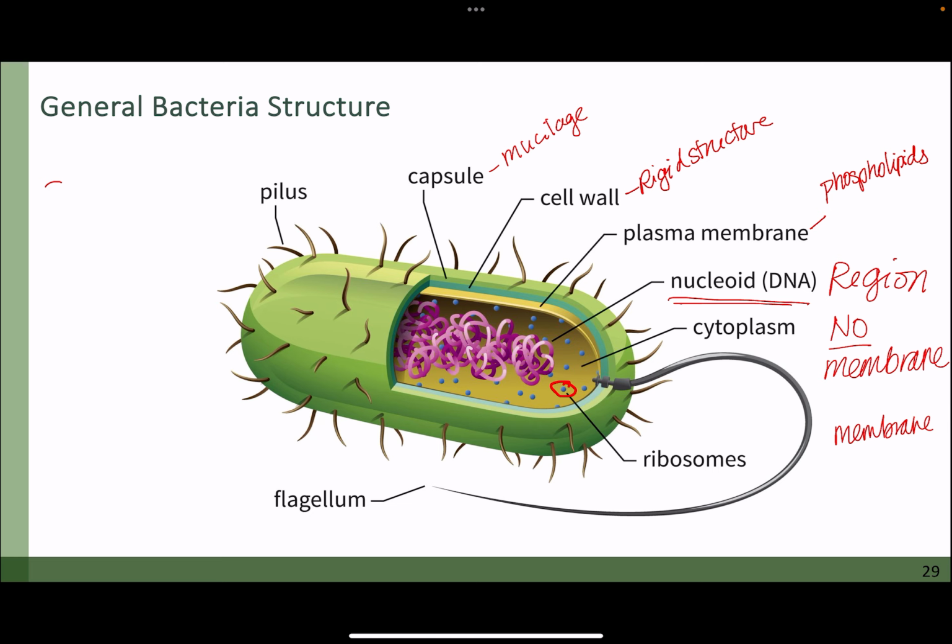If you think about sperm cells, sperm cells are eukaryotes. They are not bacteria, but they have these flagella as well, and their purpose is to help them move through their environment. They have this little protein motor structure here that helps them beat and helps them move around. So this is a way for the bacteria to move inside their environment.